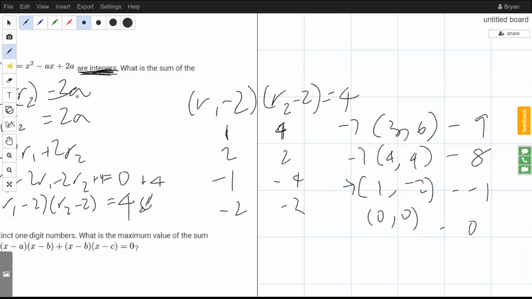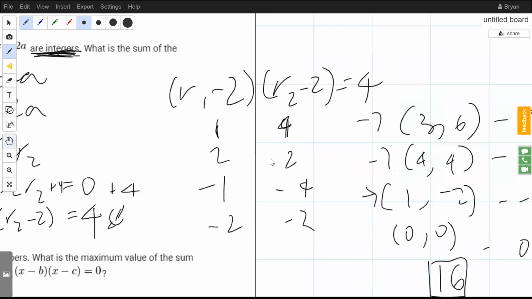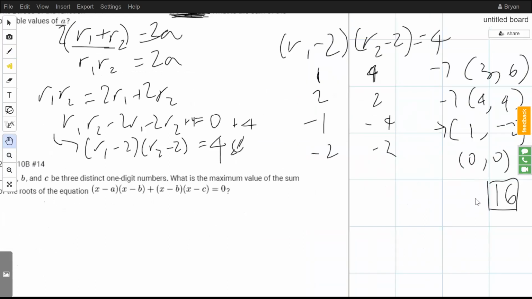When we add all of these values of a, the total is equal to 16. So this is going to be your answer.